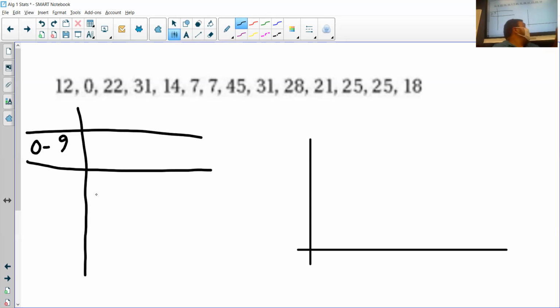So it's 10 numbers, because it's 1, 2, 3, 4, 5, 6, 7, 8, 9, and then zero is the 10th one, so it's 10 units. How many numbers are we counting? The other one was 50 cents, so from 0 cents to 39 cents. We're going up by technically 10, because you gotta count zero.